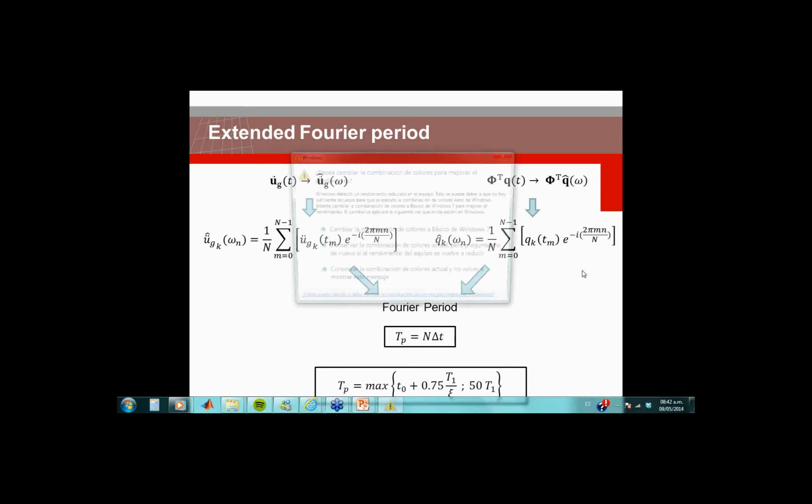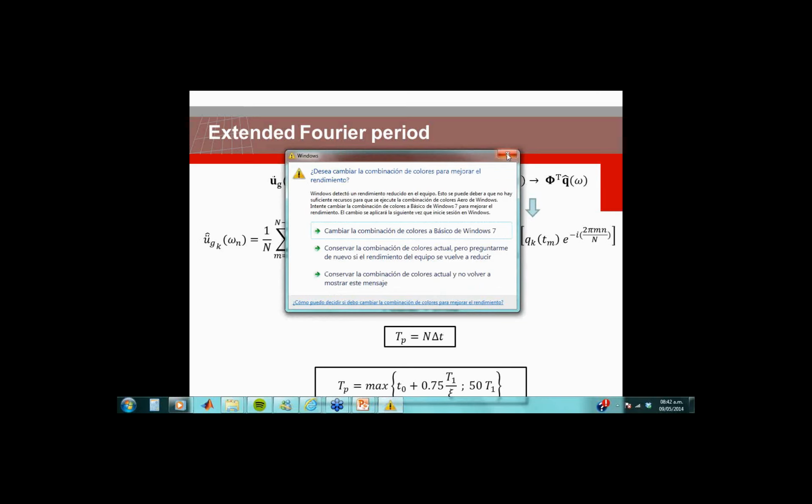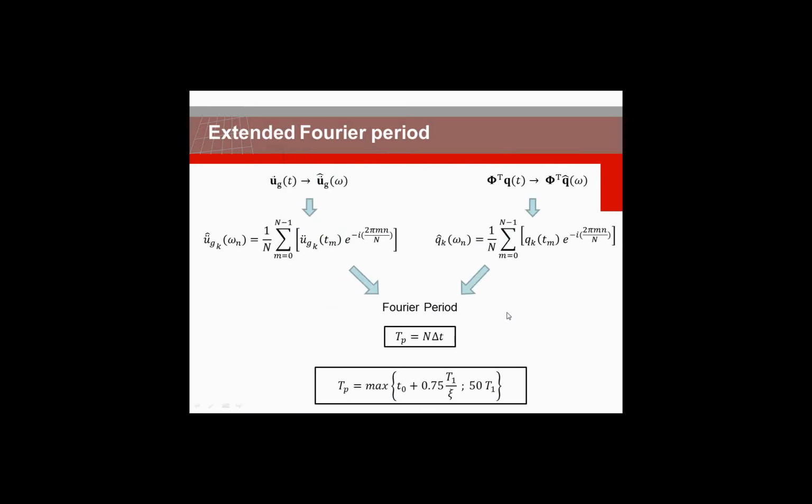For doing this, we have to calculate this extended Fourier period, with expressions we can see in the bottom part of the slide, in terms of the first fundamental period of vibration of the system and the damping ratio of the system.